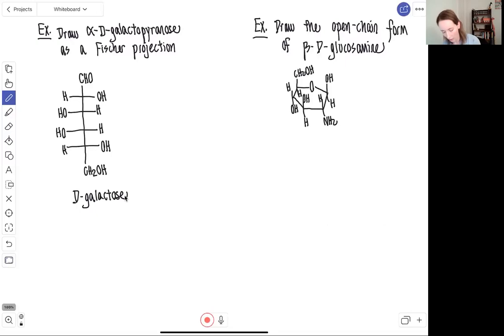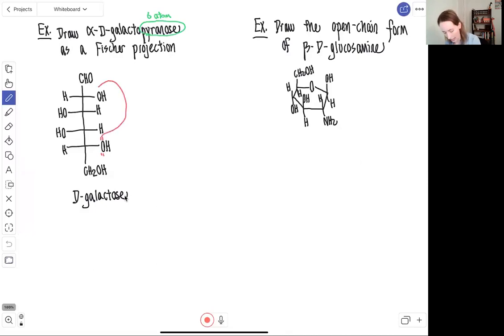Drawing alpha-D-galactopyranose as a Fischer projection. First and foremost, that term pyranose tells us that we are definitely making a 6-atom ring through this reaction. The way we make the 6-atom ring, similar to the last video, is we use the penultimate hydroxy group, the next to the last hydroxy group of the chain, as our nucleophile.